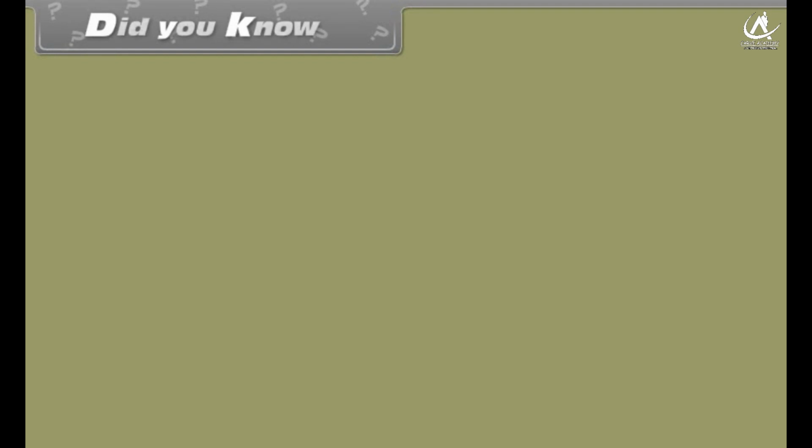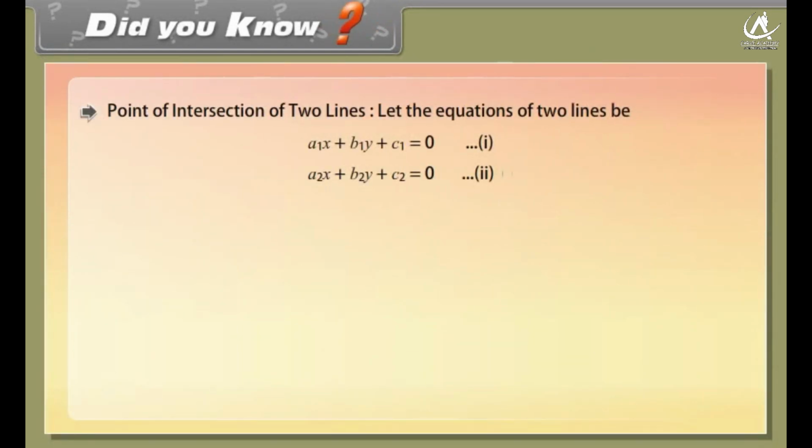Did you know? Point of intersection of two lines. Let the equations of two lines be a1x + b1y + c1 = 0, mark it as 1, and a2x + b2y + c2 = 0, mark it as 2.